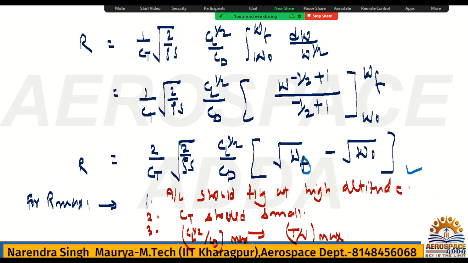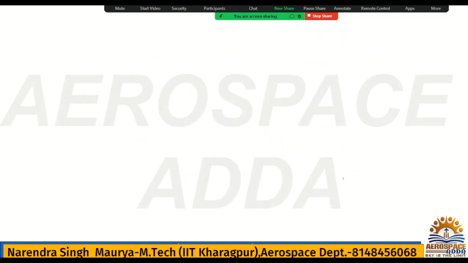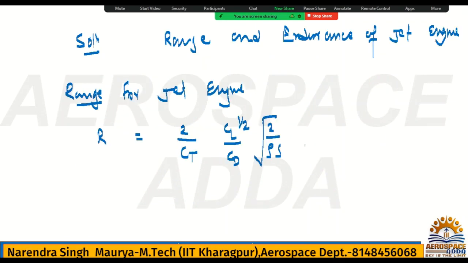Check the limit, check plus minus, and change it accordingly. You integrate and put the limit. It is W naught minus, because initial weight is higher than final. Final means after burning off all the fuel. So integrate and put the limit properly. This is the formula.